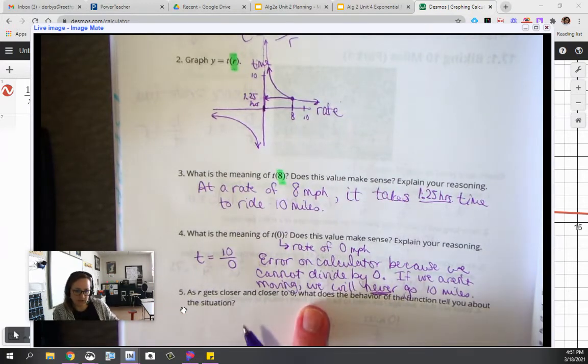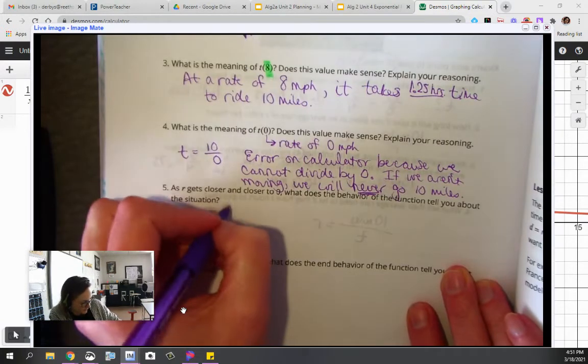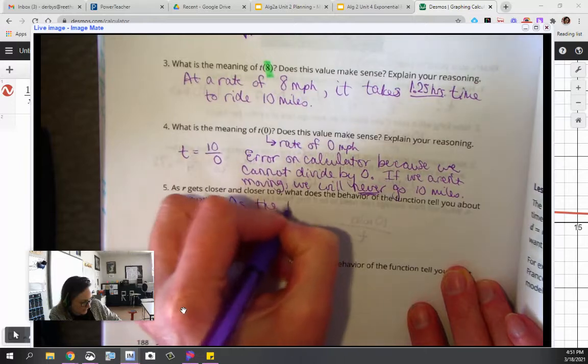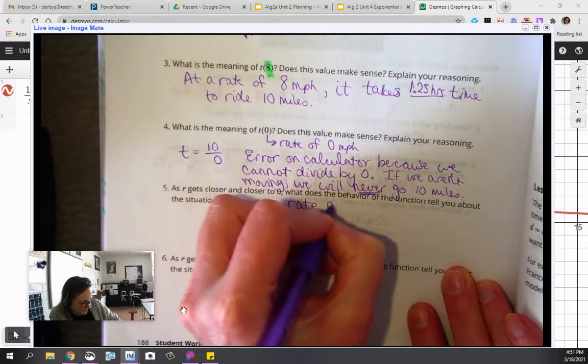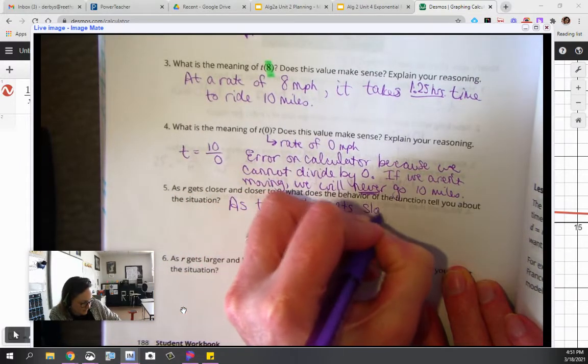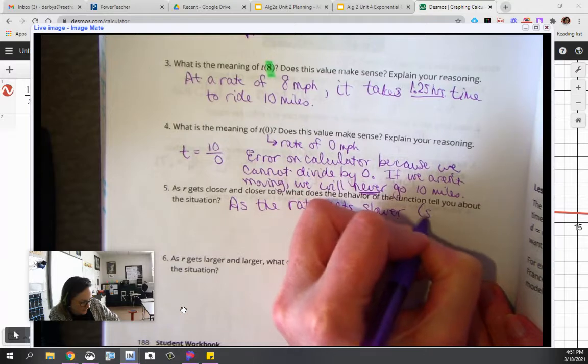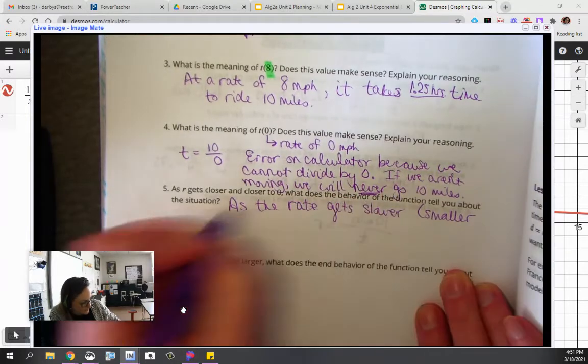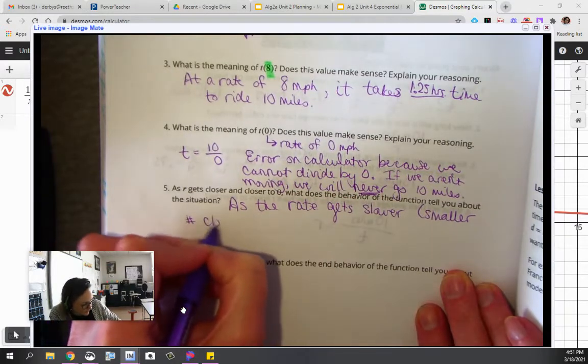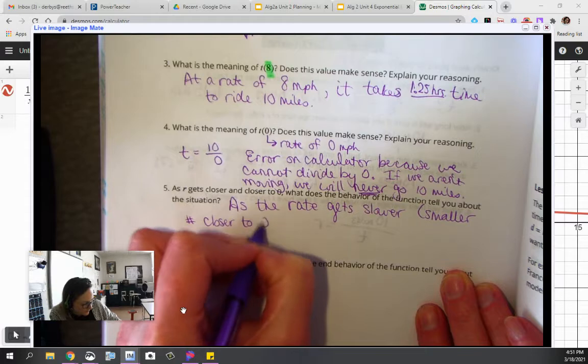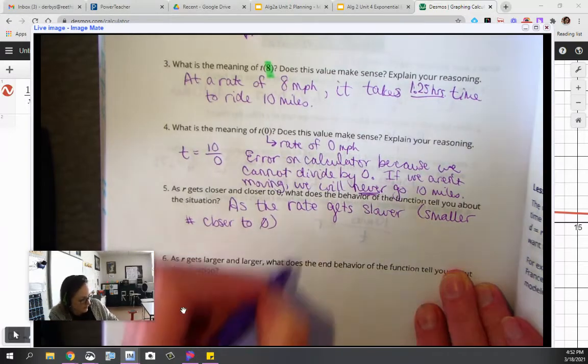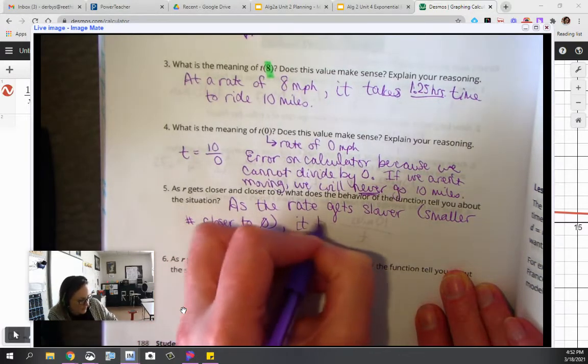As the r gets closer to 0, as the rate gets slower, a smaller number closer to 0, it takes more time to get there.